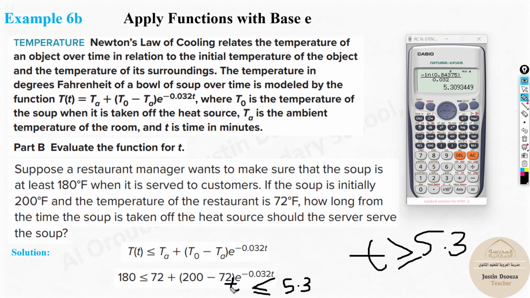Less than would mean you can even take it at 1 minute, because it should be at least 180. You can even take the soup at 190. So it can be t of 1, t of 2, t of 3, 4, 5. But after 5.3, the temperature goes below 180. It might be 179, 178, 170. So make sure the waiter takes the soup within 5.3 minutes.